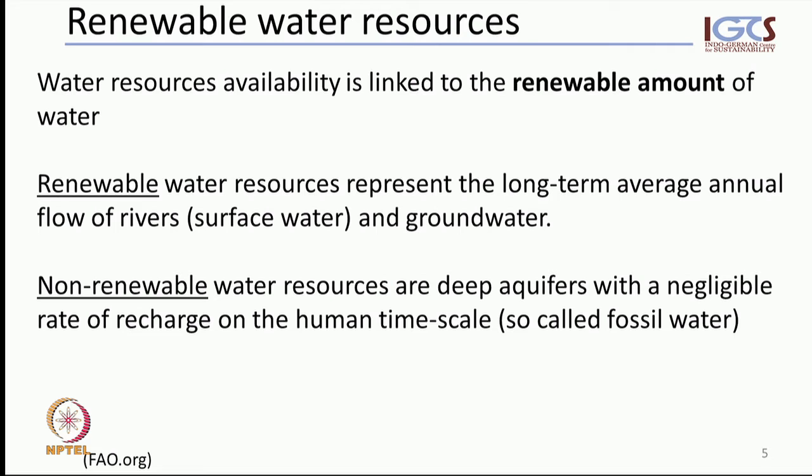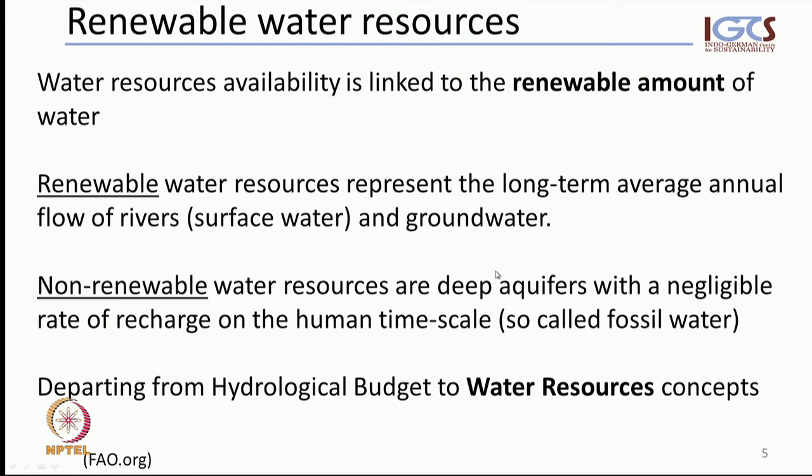And on the other hand, we also distinguish between non-renewable water resources, and those are water resources occurring in deep aquifers. Deep aquifers are deep-sitting groundwater-bearing formations where recharge takes place along geological timescales. We also call this fossil water.